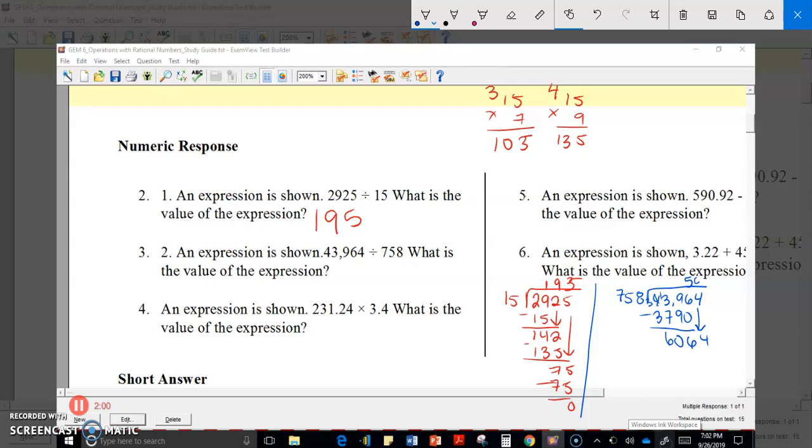Times 8, perfect. That's going to give me 6,064. Okay, so our solution is 58. All right, so that was 2 and 3. Pause the video to write down any necessary notes.